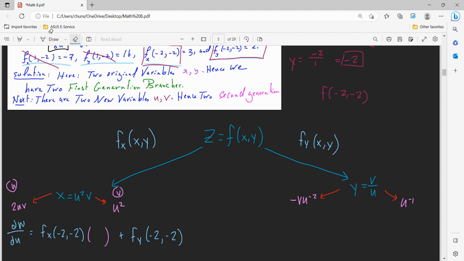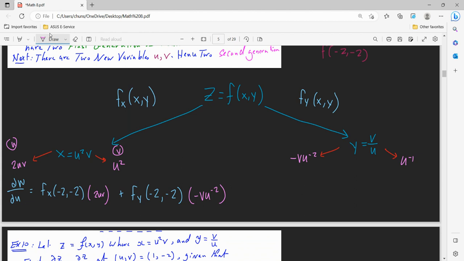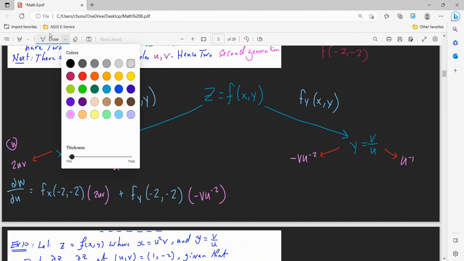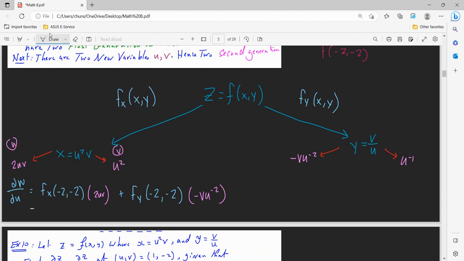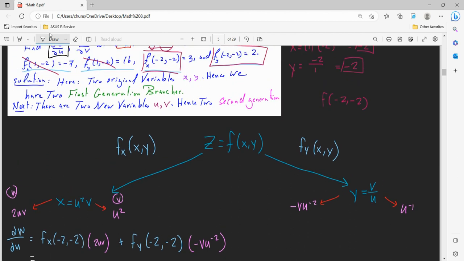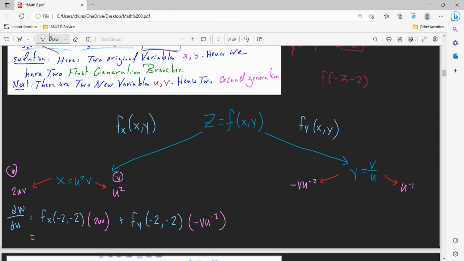So this is actually 2uv. And we're going to use the left-hand branch for this one as well, which is negative v u to the negative 2. So when we plug in for our variables that we solved here, this is equal to, so if we take a look at our f of x partial derivative of x function, we see that it's equal to 3 when we have x is equal to negative 2 and y is equal to negative 2.